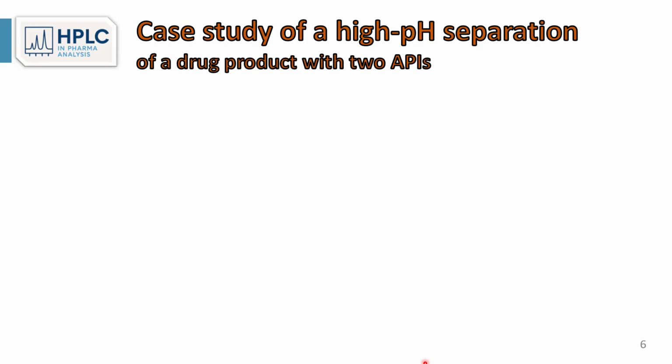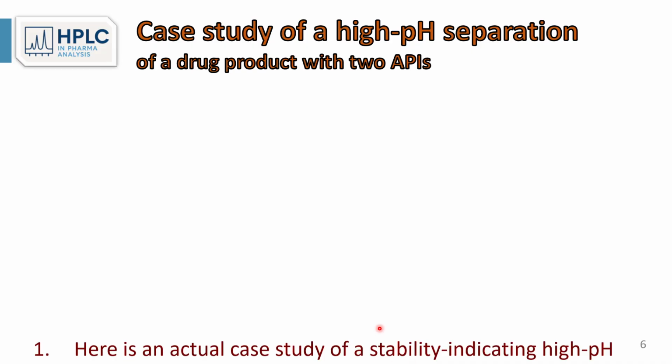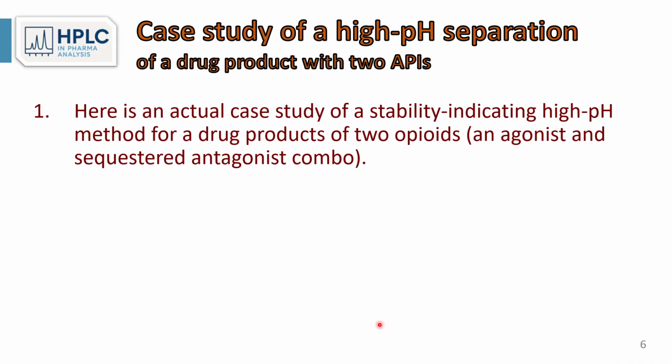This is a case study of a high pH separation of a drug product with two APIs. We are examining an actual case study of a stability indicating method using high pH mobile phases for a drug product with two opioids. One of the opioids is an agonist, a painkiller, and the other is an antagonist, which is sequestered.